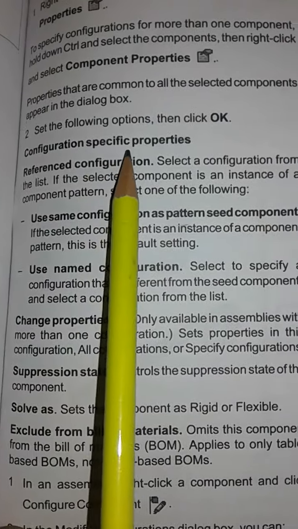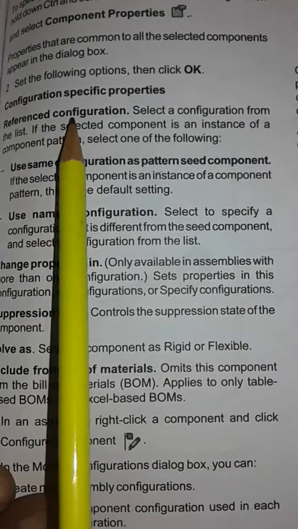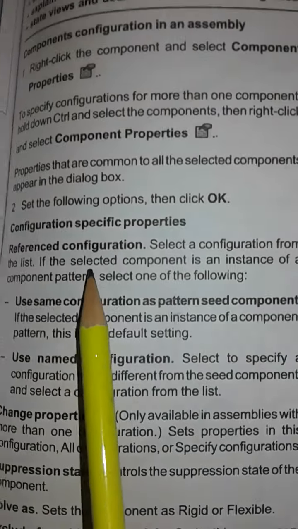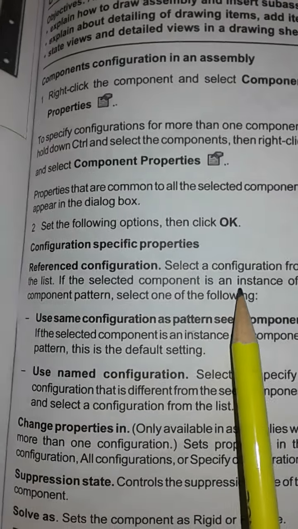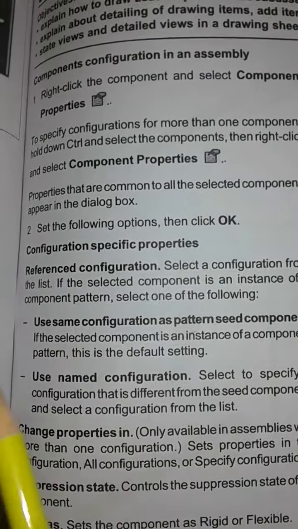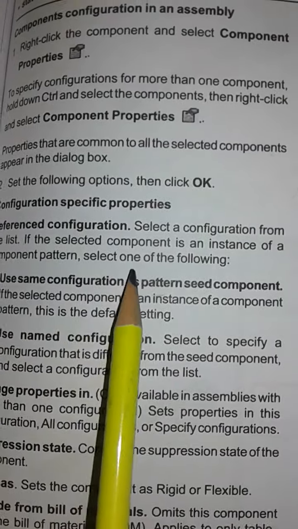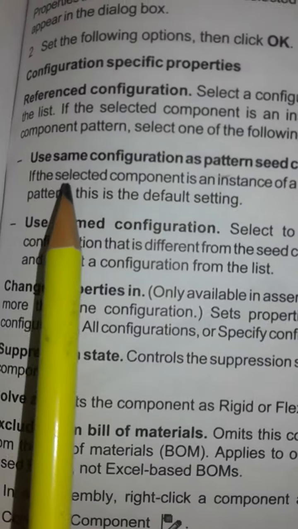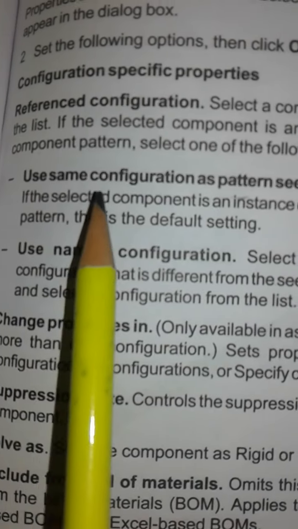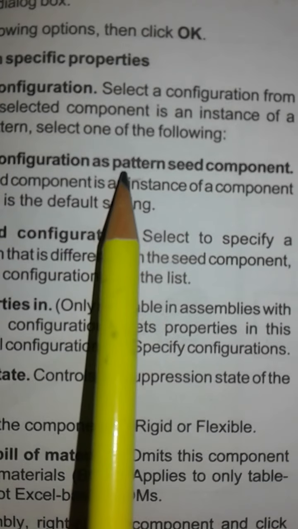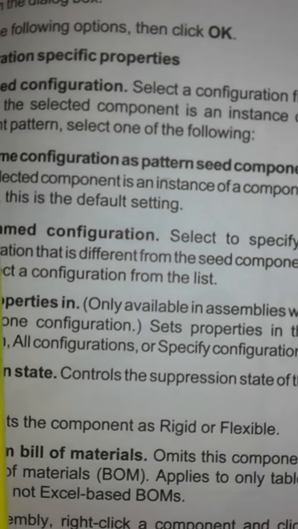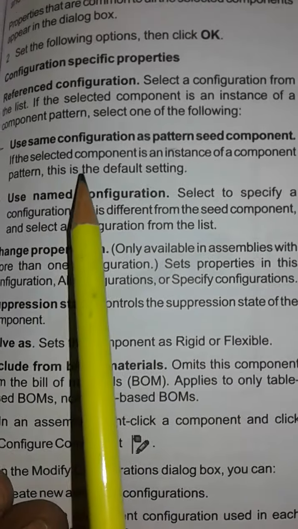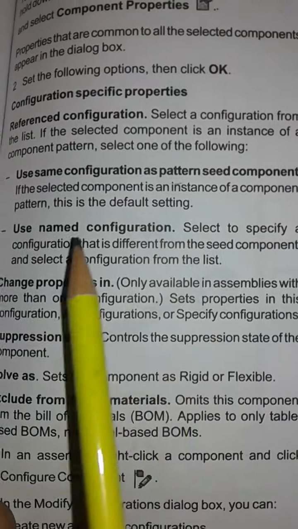Configuration specification properties. Referenced configuration: select a configuration from the list. If the selected component is an instance of a component pattern, select one of the following. Use same configuration as pattern sheet component. If the selected component is an instance of a component pattern, this is the default setting.